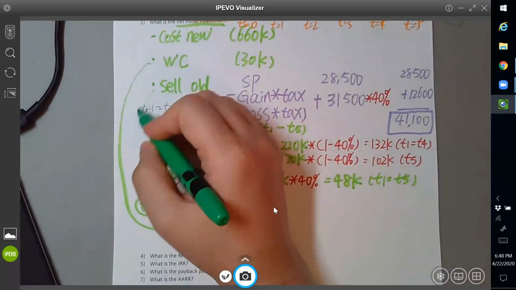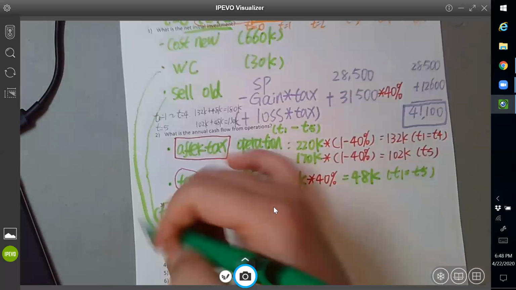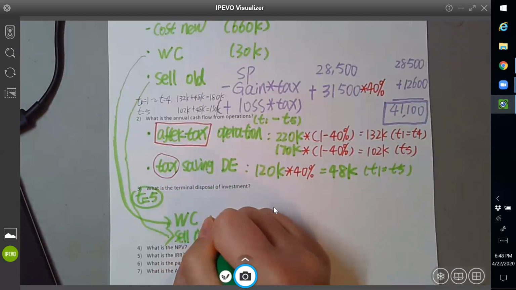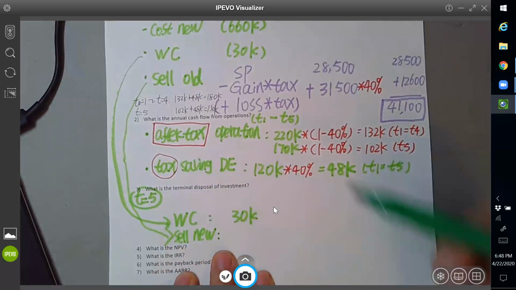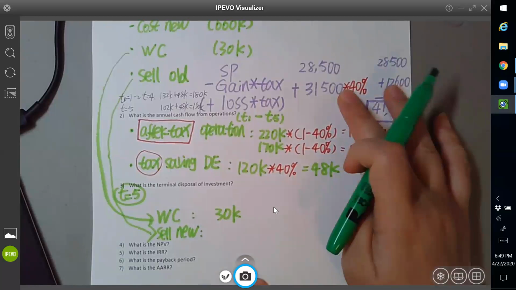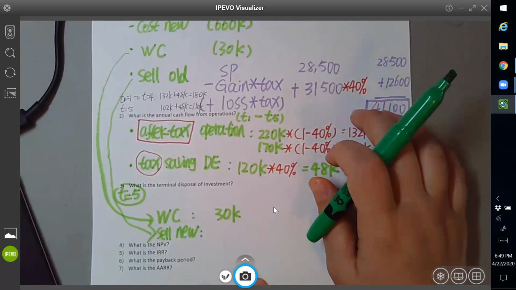Now you also sell your new bus, right? You bought it 5 years ago, now you sell it. Then you have to do all the other adjustments one more time for the new bus. You sell it, the selling price may be different from the book value, so you compare again and do the adjustment exactly as before.